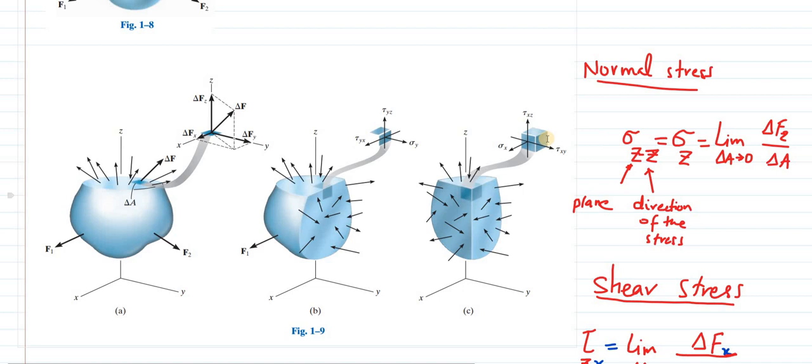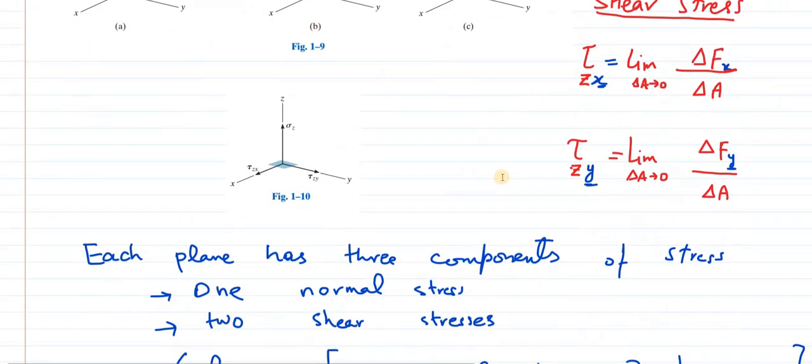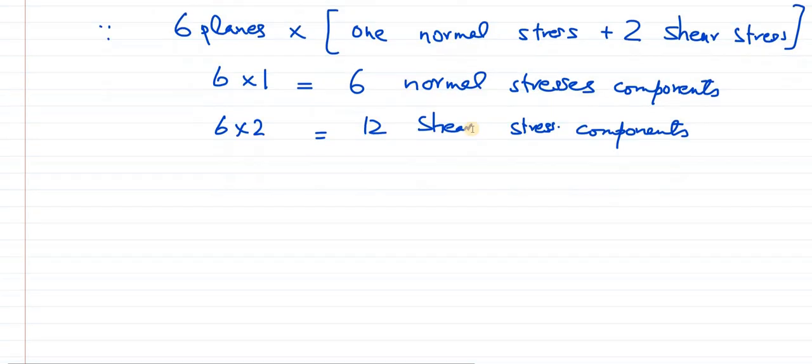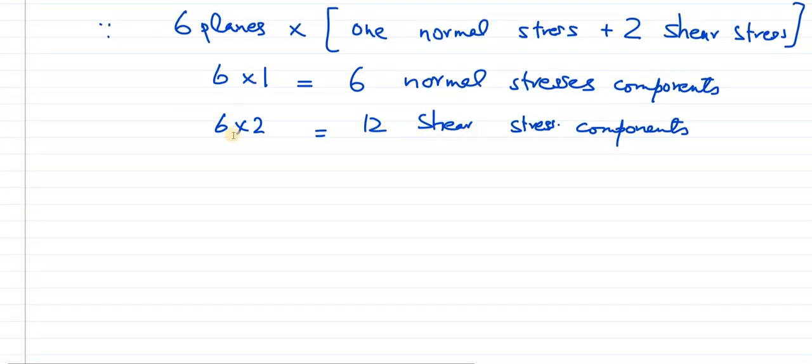And very similarly, if this is tau xy acting on this plane, on the opposite plane we will have another force just opposite to this force but equal in magnitude. So by equilibrium, we know that we need not find all these 18 components, so let's list them down.